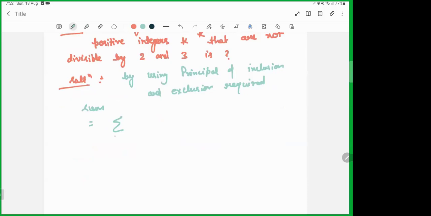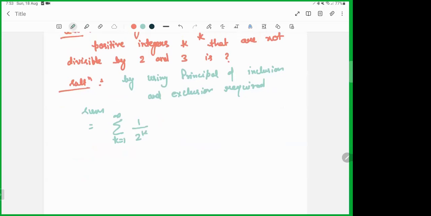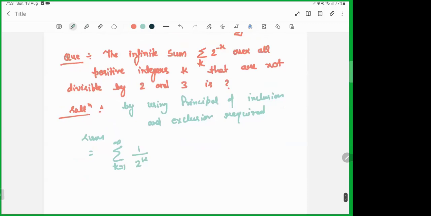So first we do the full summation, k is 1 to infinity, of 1 by 2 to the power k. Then we remove the choices of k which are divisible by 2 and divisible by 3. We remove the choices divisible by 2, which are of the form 2 to the power 2k.